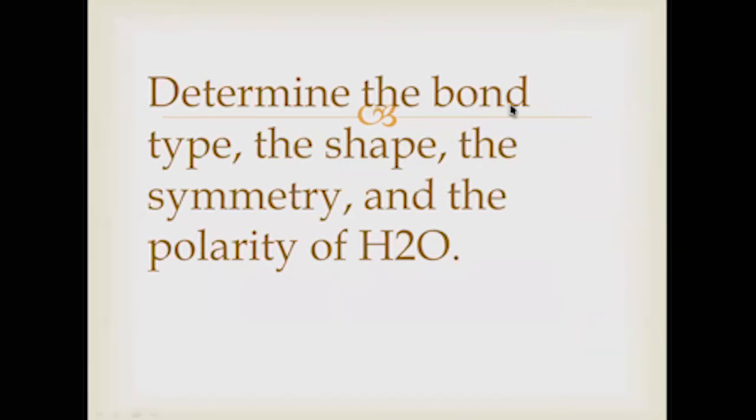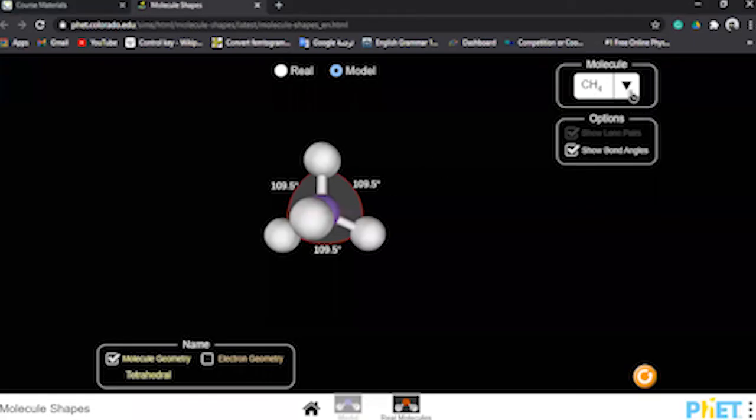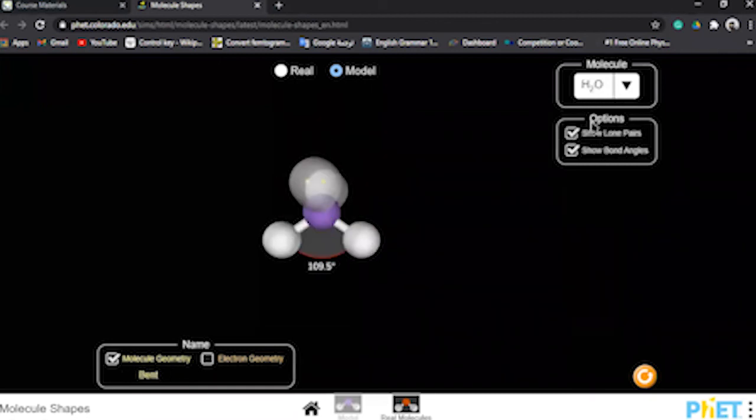Now we should know if this compound is symmetrical or not. We should explain this on the simulation.